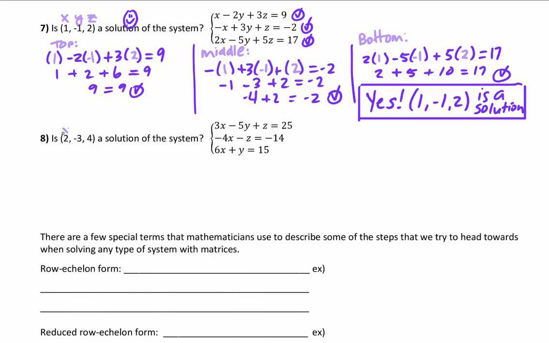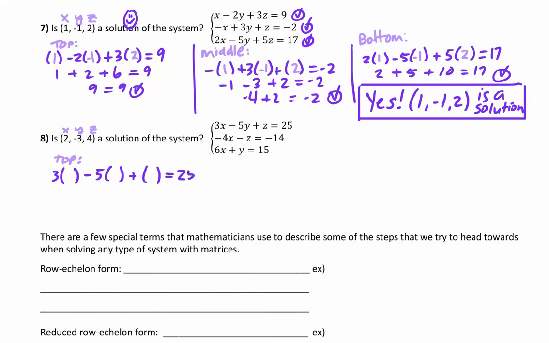So we're given new x, y, and z values, and we have to put them into the different equations that are over there on the right. So let's try the top equation. You don't have to go in order, but it just seems to make sense to me. So we have 3 times x minus 5 times y plus z itself.